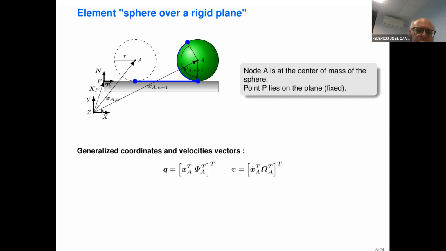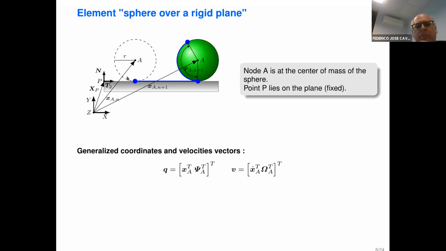We have the inertial frame, and the position of this node is given by the vector xa, in this case xa at the previous time step, and xa n+1 is the vector of the position of the node A at the current time step.